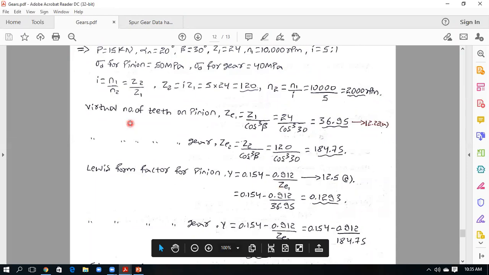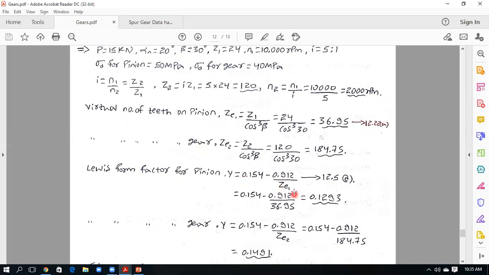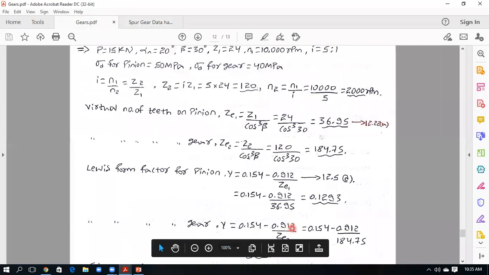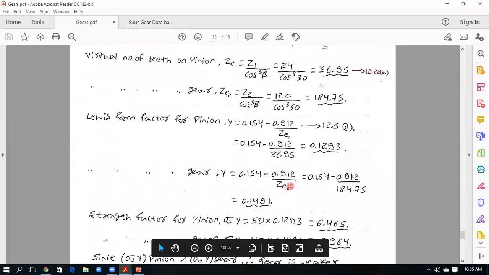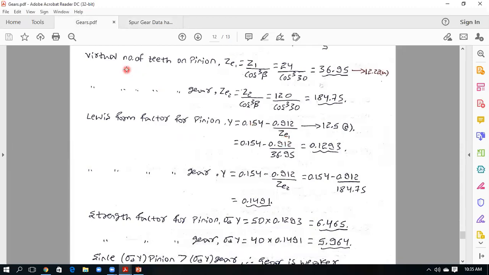In the spur gear, you will substitute Z1 if you are finding it for pinion, and Z2 if you are finding it for gear. Whereas for the helical gear, you need to consider the virtual number of teeth. If you are finding the pinion, you have to consider the virtual number of teeth on pinion. If you are finding the Lewis form factor for gear, you have to consider the virtual number of teeth on the gear.